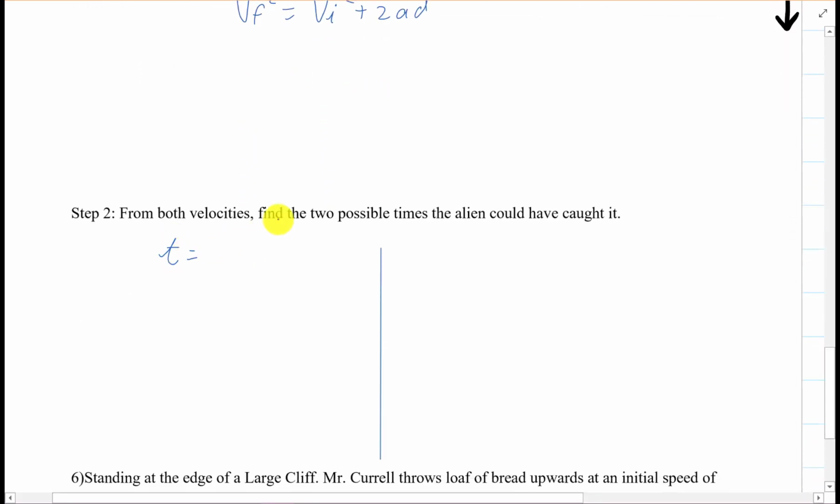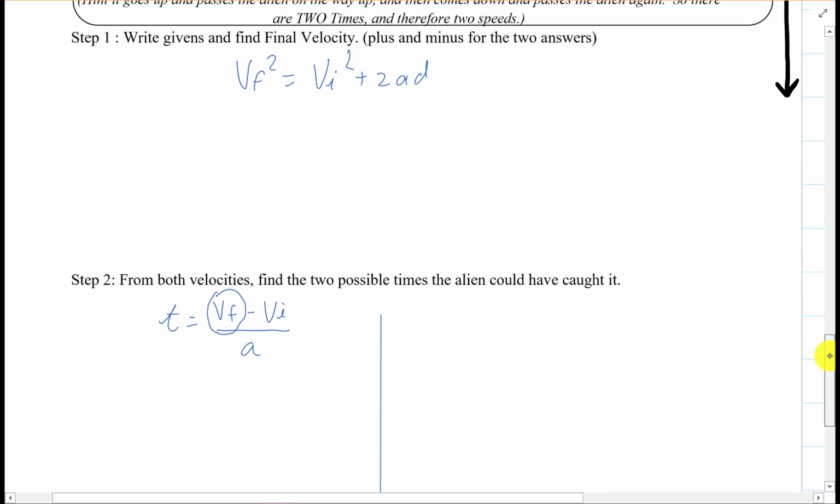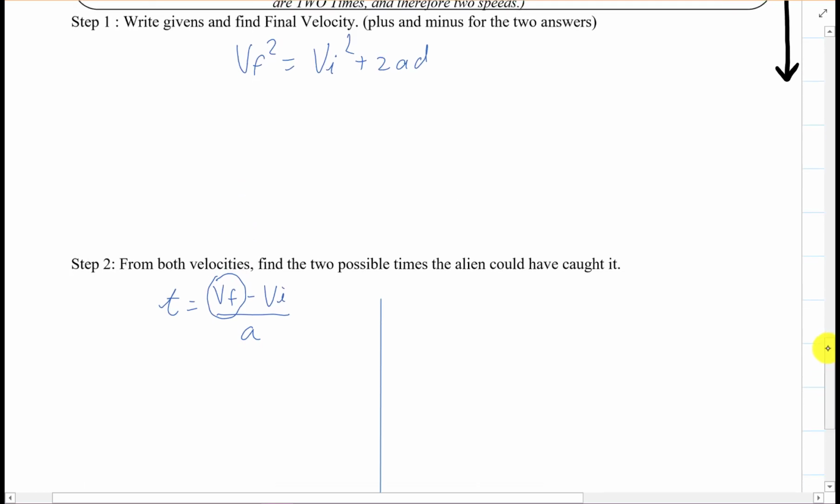You'll use time is equal to probably VF minus VI all over A. And you'll use the positive and negative values of VF there. Okay, give it a shot. And I'll put the answers down in the caption in the comments below.